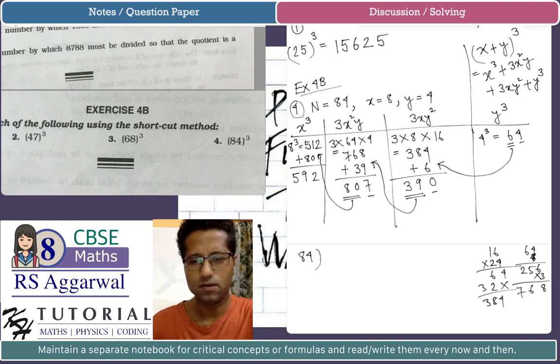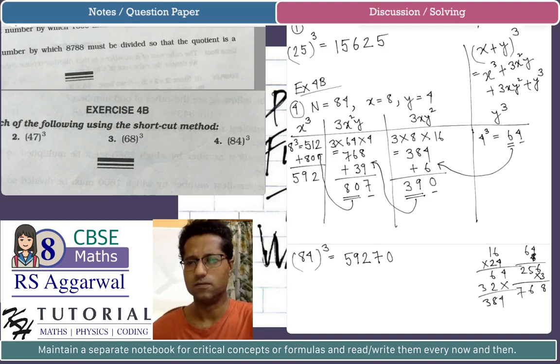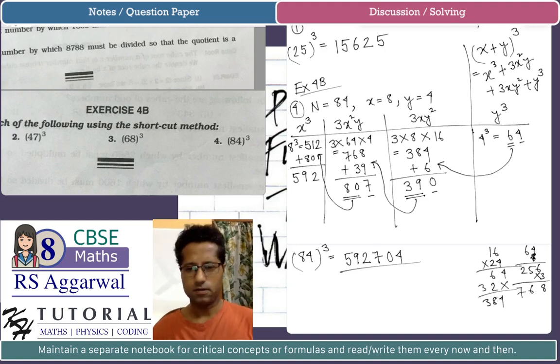The final value of the leftmost column, that is x cube, which is 592, appended by the units digit of the second column, that is 7, appended by the units digit of the third column, that is 0, and finally the units digit of the last column, that is 4. So 84 cube is 592704.